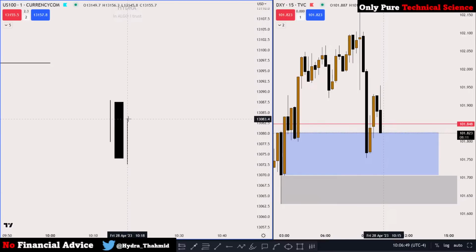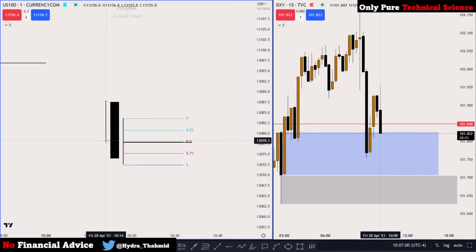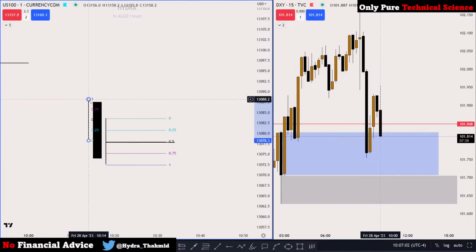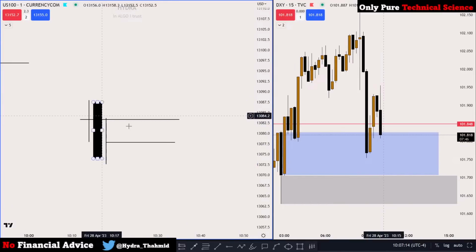What ICT tells us to do is measure the wick on both sides and mark the consequent encroachment like this. So that's the consequent encroachment, and then this wick here, that's the consequent encroachment of this wick. So what it tells us to do is measure the midway, or the consequent encroachment, of that wick, and that becomes our fair value gap. So that will be the fair value gap like this.